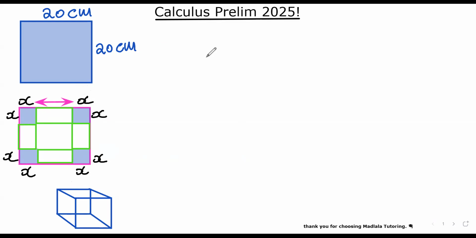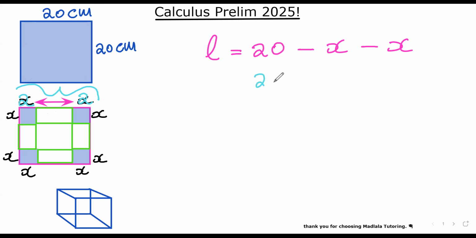It means in order for you to find the length of the box, you're going to take the total length of the square and you have to subtract the x and come back again and subtract the x. Think of it. If we knew that we are cutting out squares that have a length of maybe 2, the length here is 2 and the length there is 2, but we know that the total length is 20.